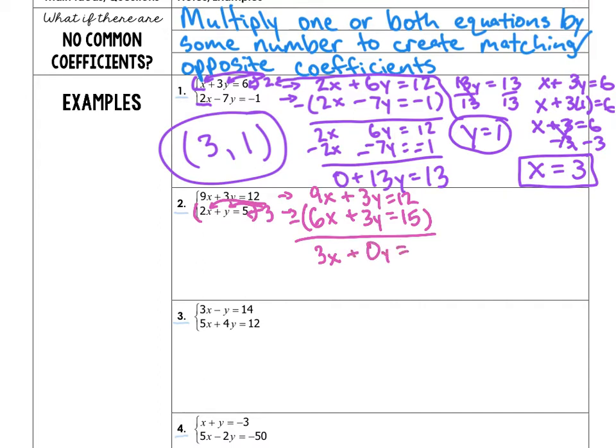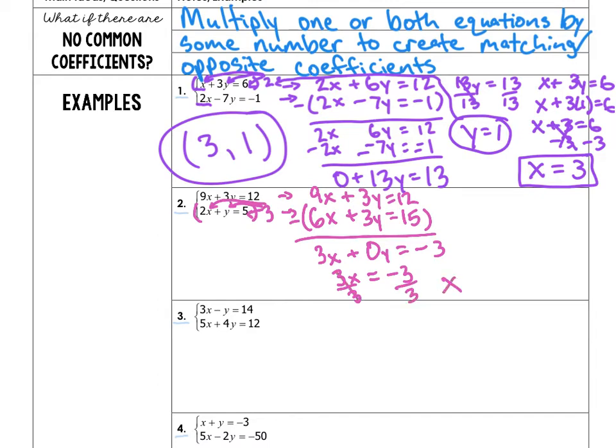And this is equal to 12 minus 15, which is, of course, negative 3. Now remember that 0 times anything is going to be 0, so that 0y is going to go away. So now 3x is just equal to negative 3. And if I want to find out what x equals, and I do want to find out what x equals, I divide both sides by 3.